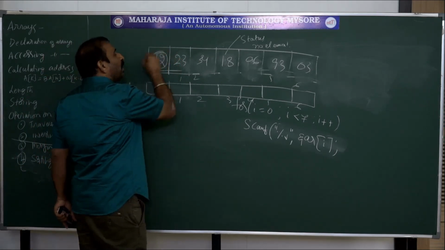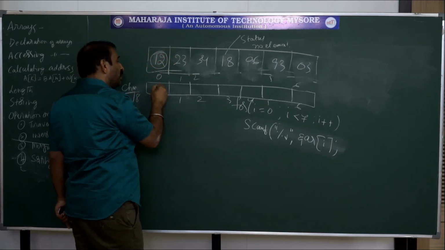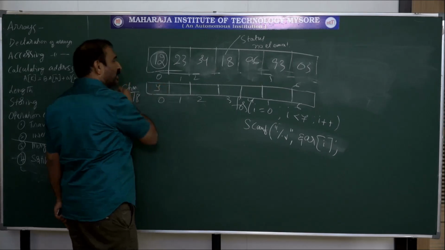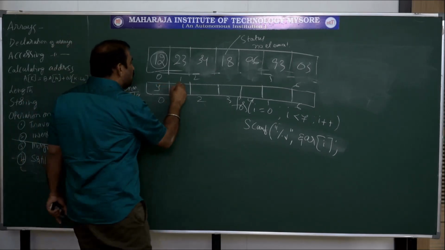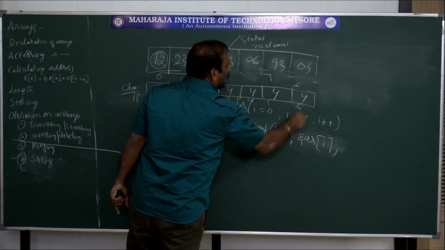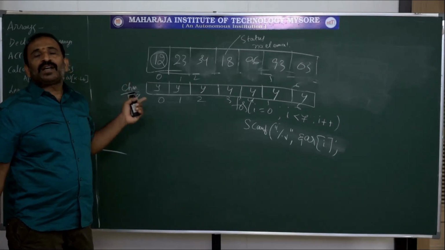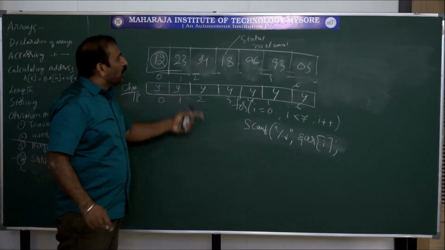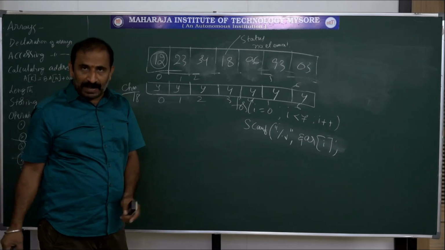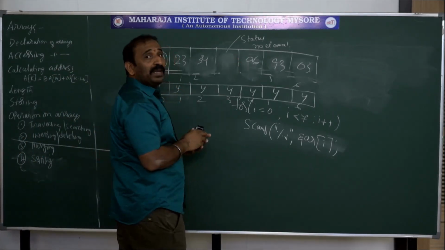Whether this element, 12, the first element in the data array, is there or not, I am marking it as yes. Initially you make all of them yes, because all data are filled up. Now, if you are deleting a specific element, for example 18, I would like to delete this element.